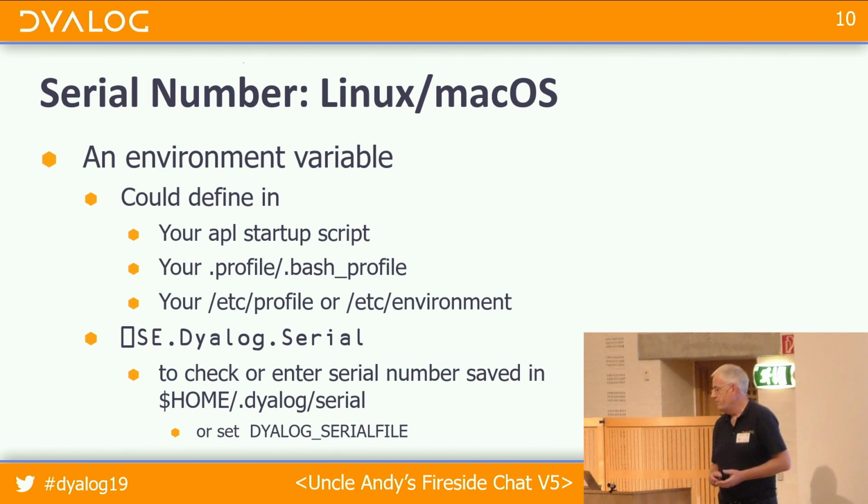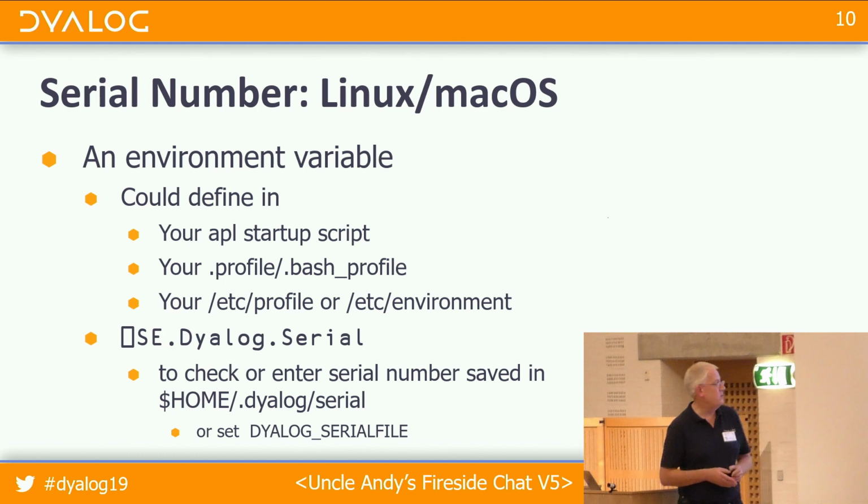You could put it in your .profile or your bash profile or whatever other shell you choose to use. Put it in /etc/profile so it's effective for every single user on the system, and certainly AIX and I think one or two others may use /etc/environment to allow you to set these things. So that's what you do for the APL startup scripts in your own profile files. For /etc/profile or /etc/environment, that's going to be your systems administrator.